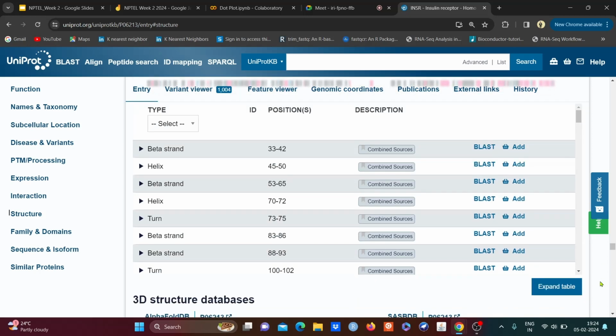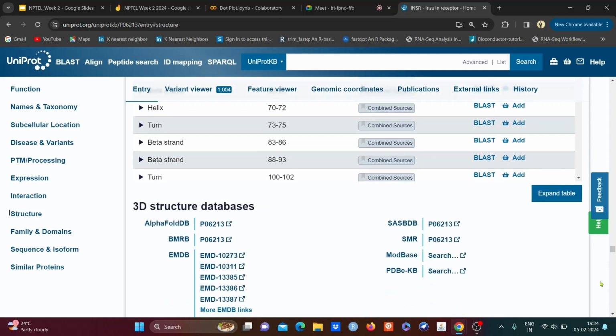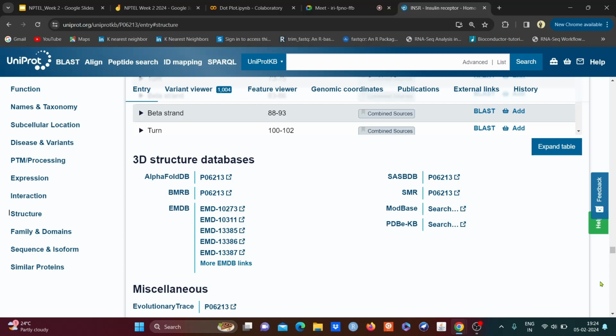Then this gives the secondary structure information about this insulin receptor. Then it also gives integration to other databases where data is available on the similar insulin receptor.